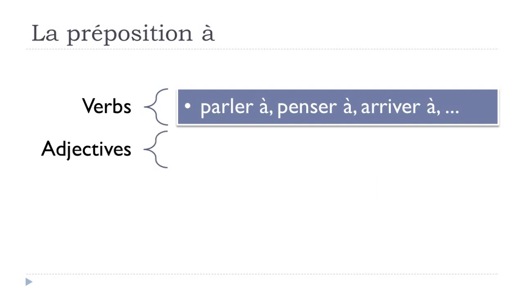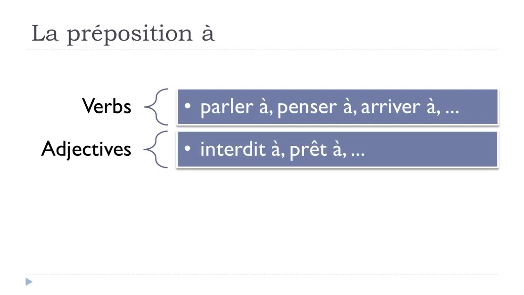Okay, so same thing, you can combine this preposition à with adjectives. For instance, interdit à, or then prêt à. Interdit, it's forbidden. Prêt, ready. Okay, so in that case, you should combine these adjectives with the preposition à. Okay, so it's possible to use this preposition à when you want to express or to tell how it is done.